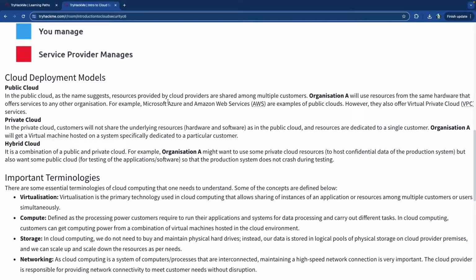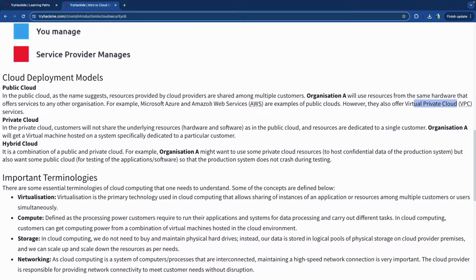So the deployment models would be public cloud, private cloud, or hybrid cloud. Public cloud is resources provided by a cloud provider that are shared among multiple customers. So you could have multiple companies be a customer. Organization A will use resources from the same hardware as any other organization. For example, Microsoft Azure and Amazon Web Services are examples of public clouds. However, they also offer virtual private cloud services.